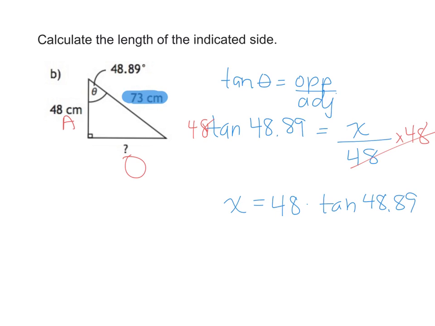So the difference really is that this one you're going to multiply, whereas the other one you had to divide. And you're going to start to see the pattern of when you multiply and when you divide as you go through a number of these. Once you punch that into your calculator, you get x equals 55 centimeters.